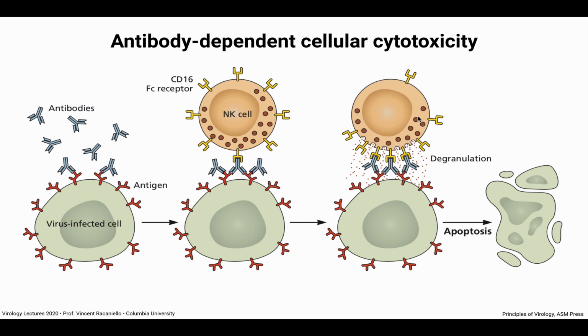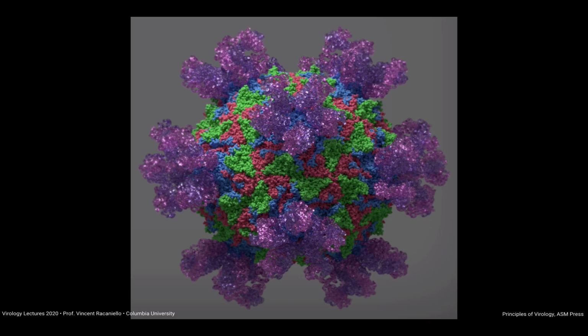All these little brown vesicles are holding proteins, which we'll talk about in a moment when we talk about cytotoxic T cells. They are released and bind to the target infected cell and cause it to die by apoptosis. So that's just one mechanism by which an antibody can cause neutralization of infectivity after infection of a single cell has already occurred. There are other ways as well, but this really gives you a good example.